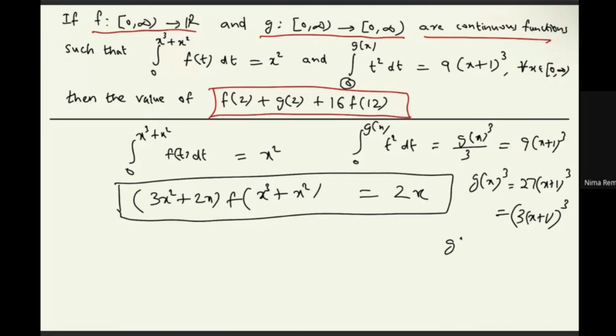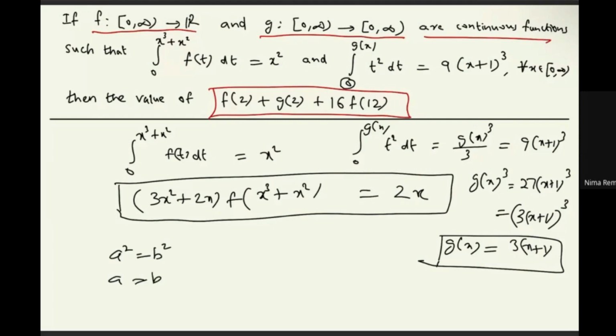Now what is g of x then? Can I write it as this? Is it true? True, sir. What do you know about cubic function? Generally, see, if I am saying a square equal to b square, can I say a equal to b? No, right? It could be a equal to minus b.